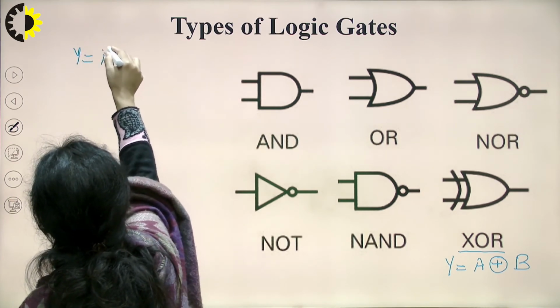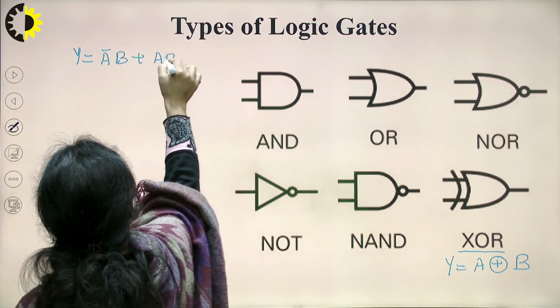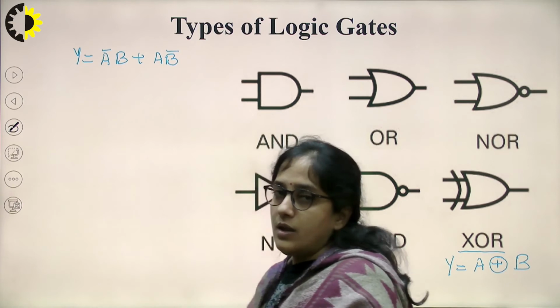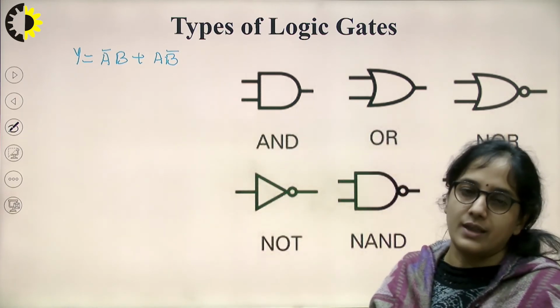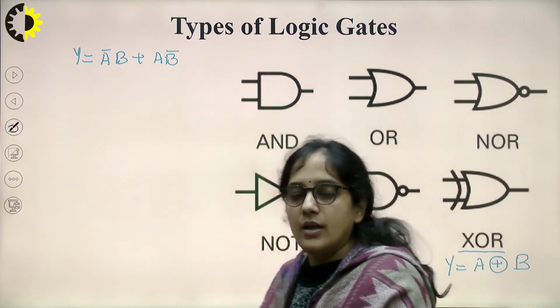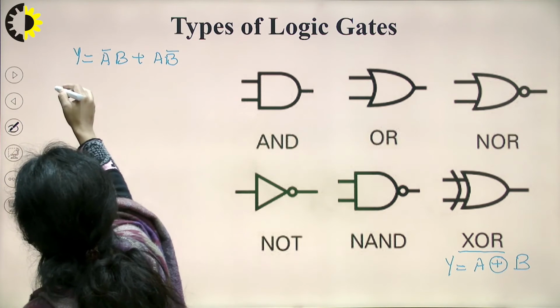A bar B plus A B bar. Okay. Using this equation, this is known as the Boolean expression for an XOR gate. Using this Boolean expression for the XOR gate, we can write the truth table.